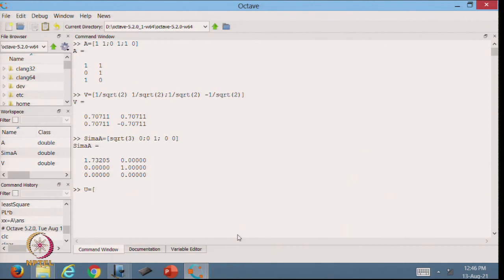So, first I will write 2 by square root 6, and now I will copy this one. This one I will just write, it is 1 here, it is 1 here. So, this is the first one.